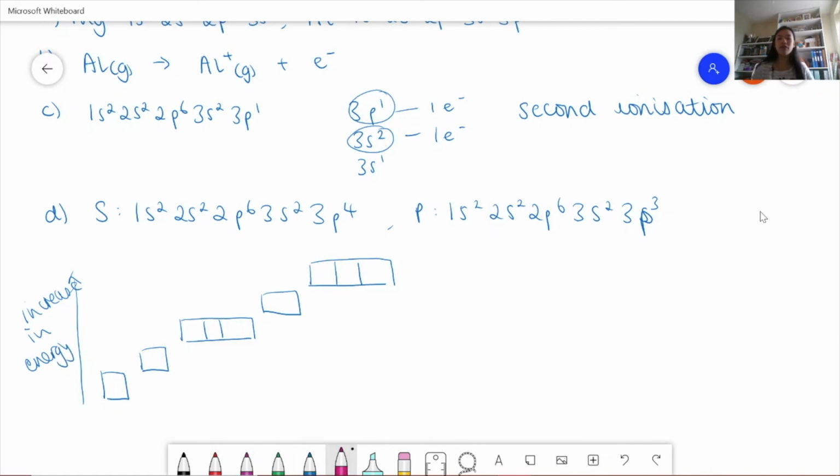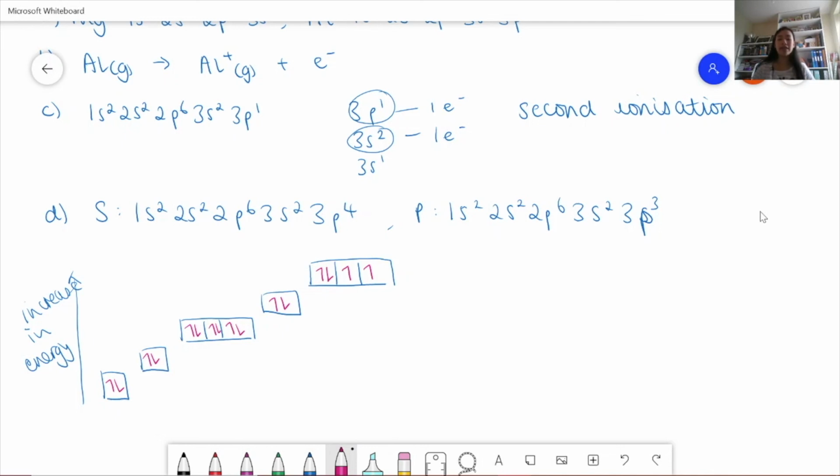So if I fill out for phosphorus, so we've got 1s2 and 2s2 and then 2p6. And remember that they always fill out individually first. Then we have 3s2, and then we have 3p3. So phosphorus has this kind of electron configuration, but sulfur has an extra electron here because it's 3p4.